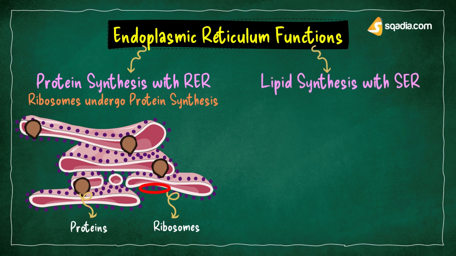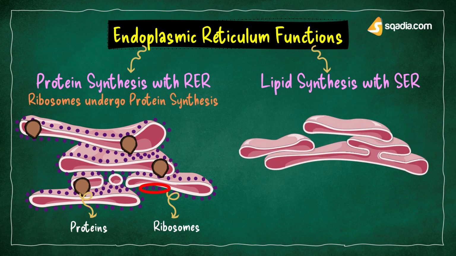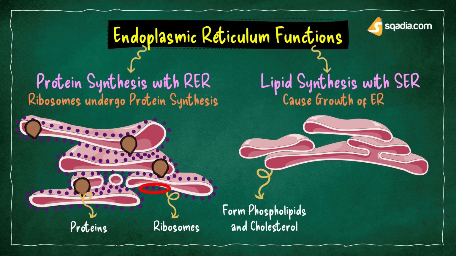Secondly, lipid synthesis occurs by the smooth endoplasmic reticulum. The endoplasmic reticulum also synthesizes lipids, especially phospholipids and cholesterol. These lipids are rapidly incorporated into the lipid bilayer of the endoplasmic reticulum, thus causing the endoplasmic reticulum to grow more extensively.